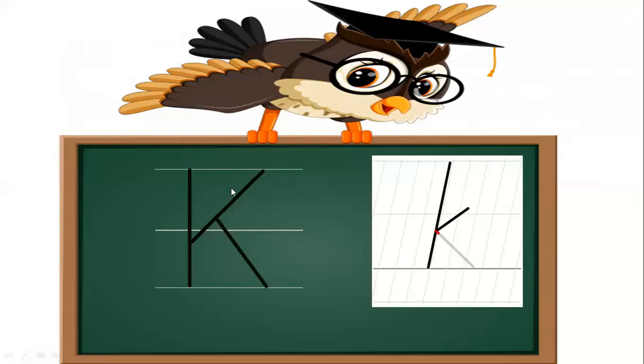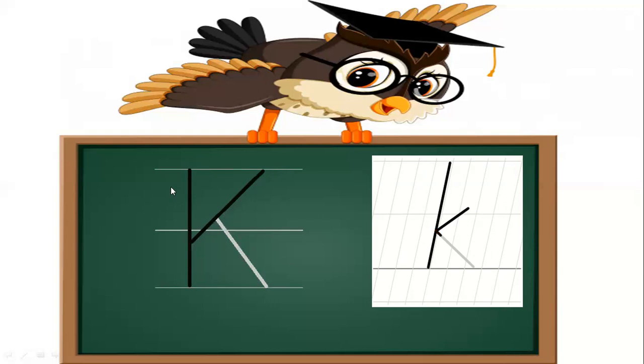Both the K in uppercase and in lowercase, the formation is the same. Just if in a capital letter you want to draw a slanting line, you will start from the top, and in the lowercase you will start the slanting line from the middle.